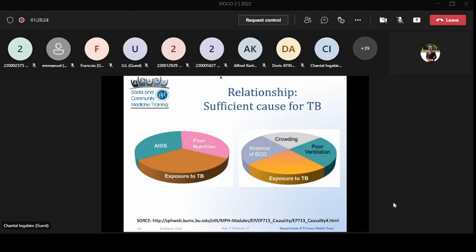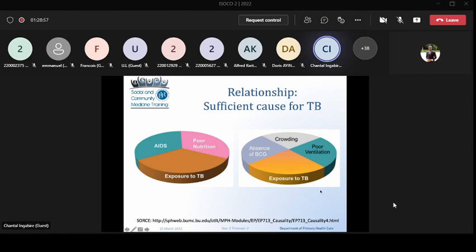Do the people who are exposed to TB always get TB? False. So what are the factors explaining that people who are exposed to TB get TB as a disease? Those factors are the ones we call the sufficient causes for a disease to happen.